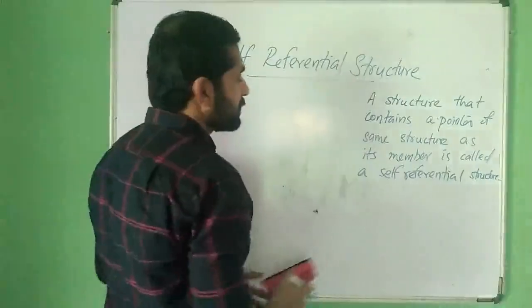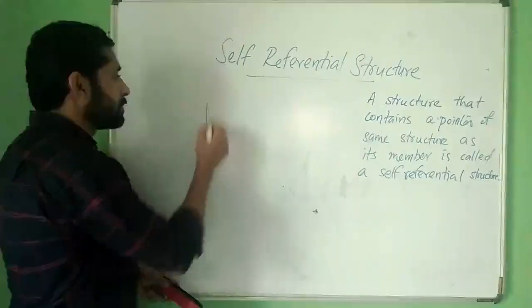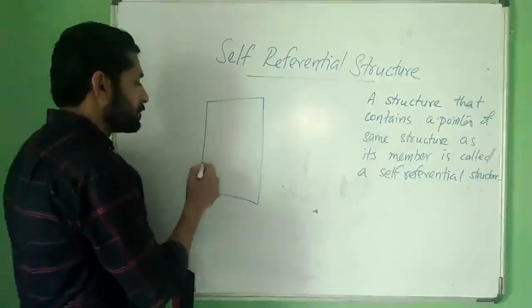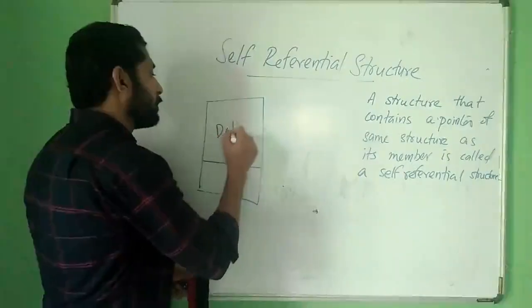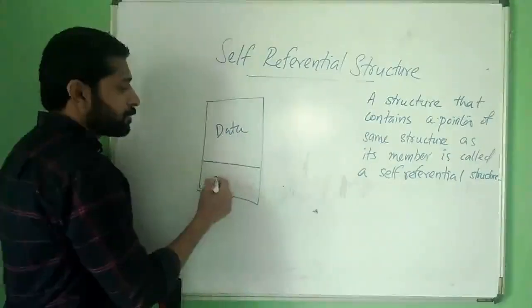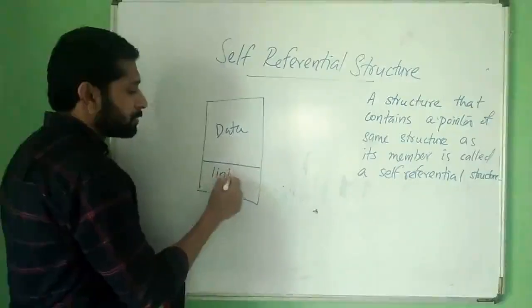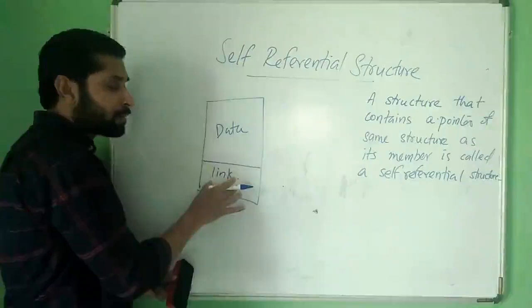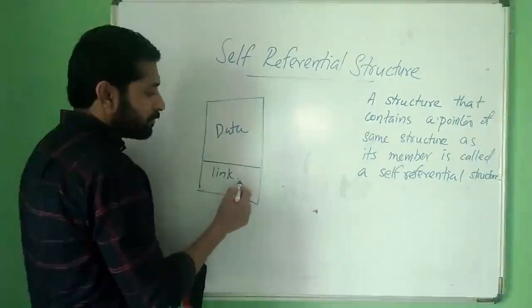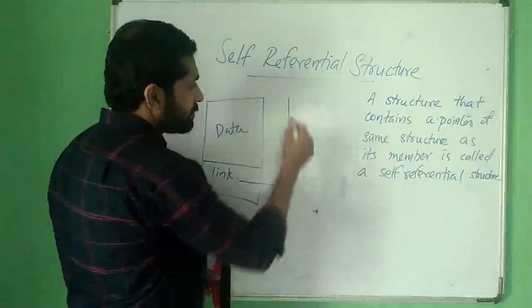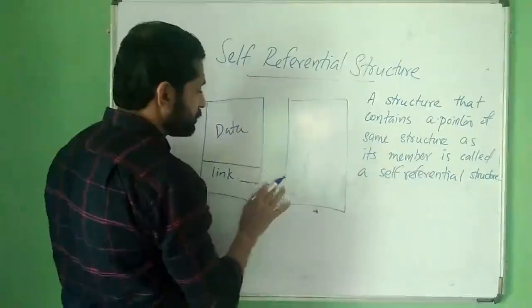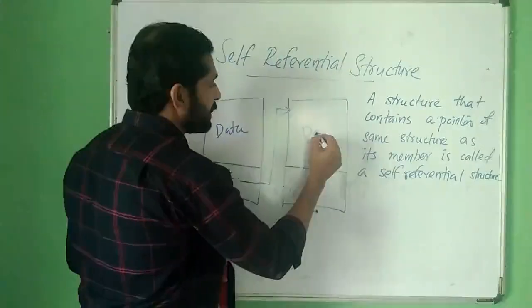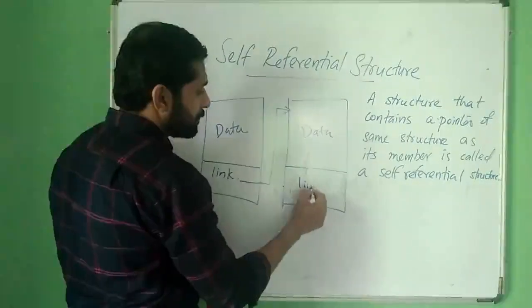So we represent a self-referential structure something like this. Usually it will have two parts. Here we will store the data. The second part will be known as the link part. Data part and link part. This can store the address of another structure of the same type. Again, this is data and link.